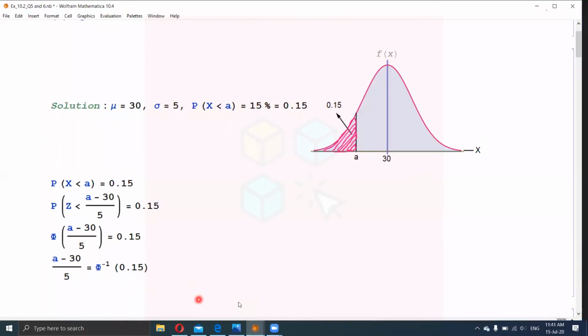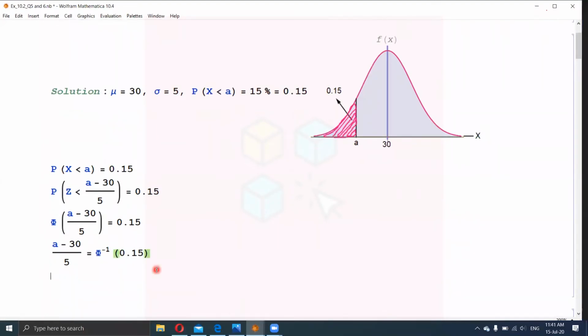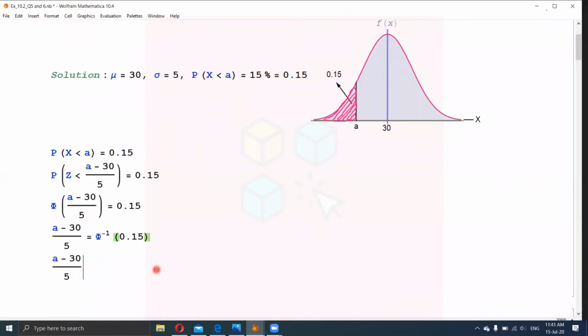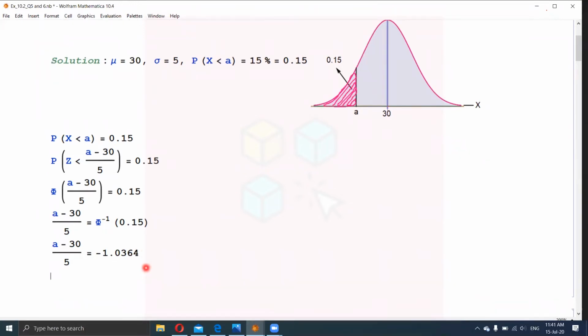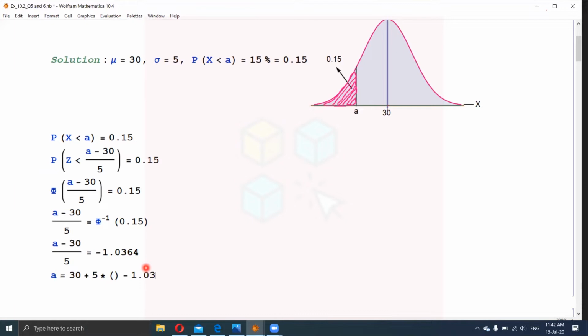So we will write it here. Its value is minus 1.0364. So A will be solved from here. A is equal to 30 plus 5 multiplied by this expression, minus 1.0364.